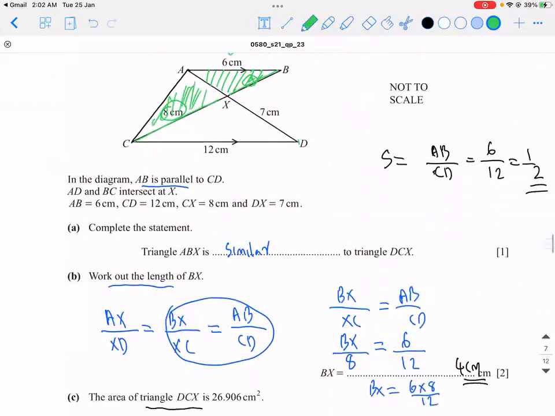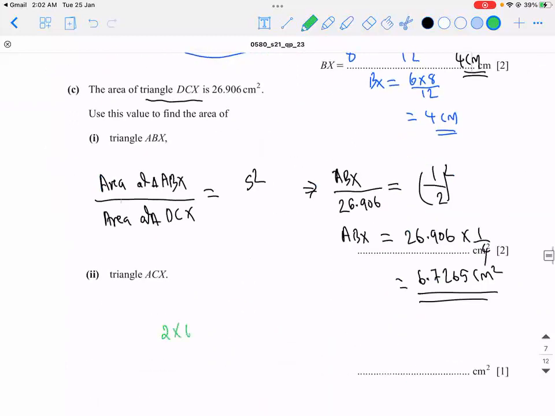It will be double, so 2 times 6.7265. So calculate the answer. That is the final answer for this question. What is your answer? It must be 13 point. If you're rounding to two decimal places, it must be 13.45 or 13.46.